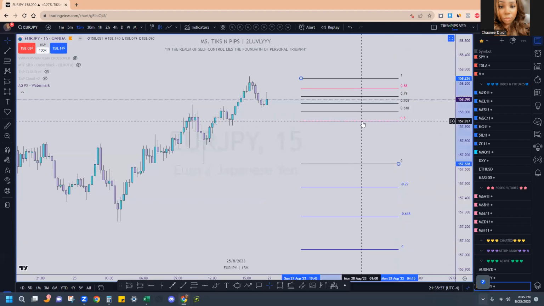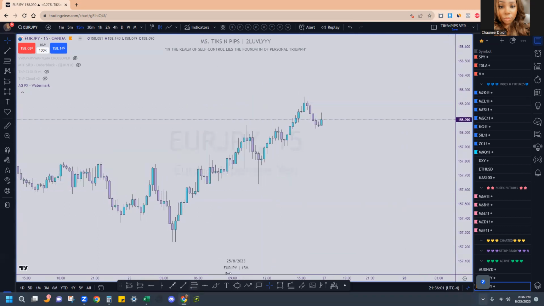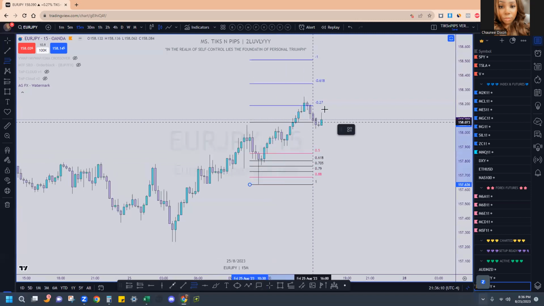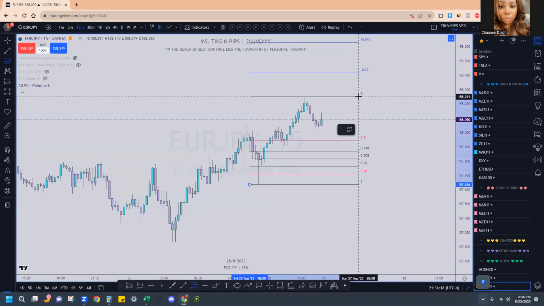So what do I mean by that? If I come over to the chart and I take out my Fibonacci and I want to get in for a buy because this is clearly going up, I would measure from the bottom. You're always going to measure from left to right. So if you're going from left to right in an uptrend, you're going to go from the bottom to the top.